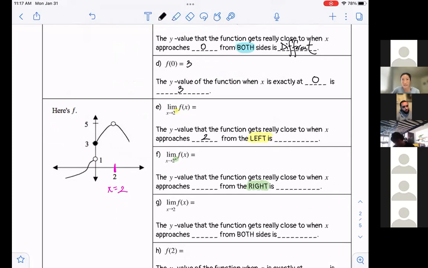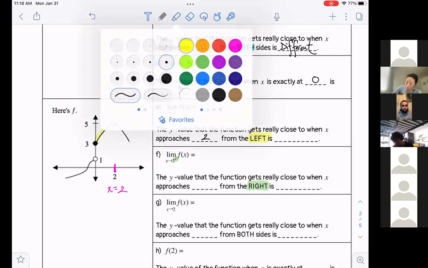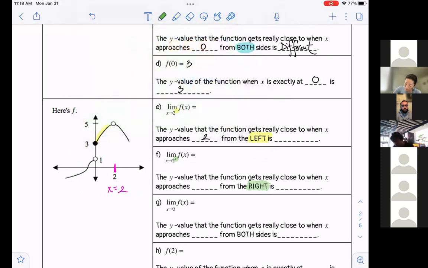Let's think about this for about 30 seconds. When we look at this graph and we're approaching 2 from the left-hand side, and then approaching 2 from the right-hand side, okay?